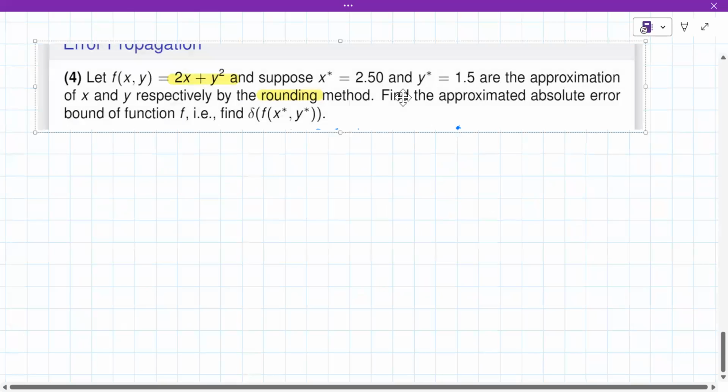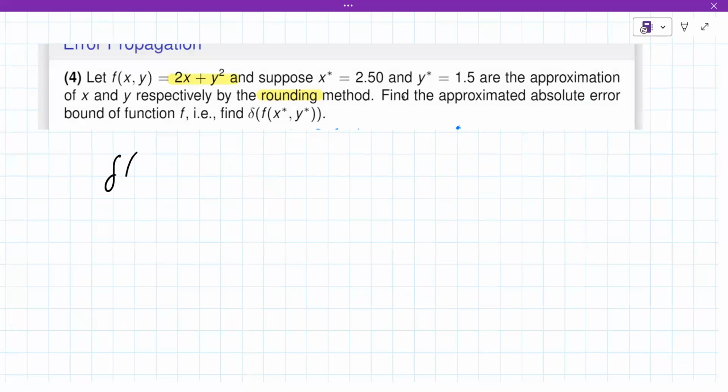The way this works is you first say delta x star is 0.5 times 10 to the e minus k. Now in your problem, e is the number of digits left of the decimal.